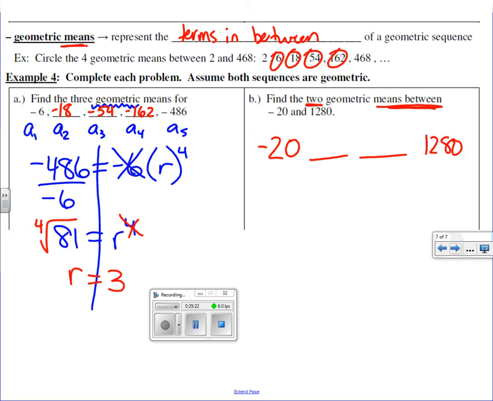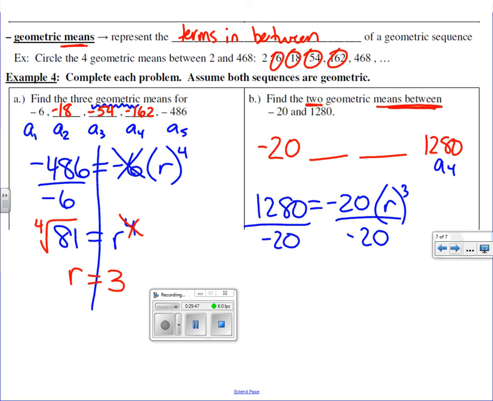Okay. Dan, what do I do next? 1280 equals -20 parentheses R. Good, because this is A4. Okay. All right, Carter, what do you do next? Good.